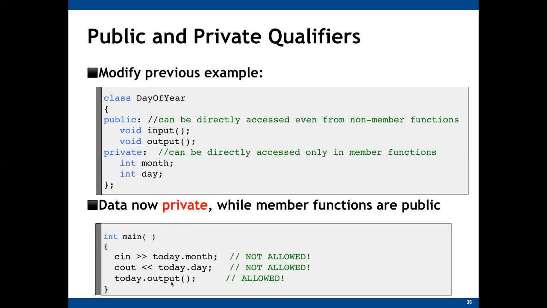So can you see the differences now? We put all data, the member variables, private. So now the programmer cannot directly access the member variables or data. This hides the implementation details of data, and by doing it, we can prevent programmers from setting invalid values to these member variables.